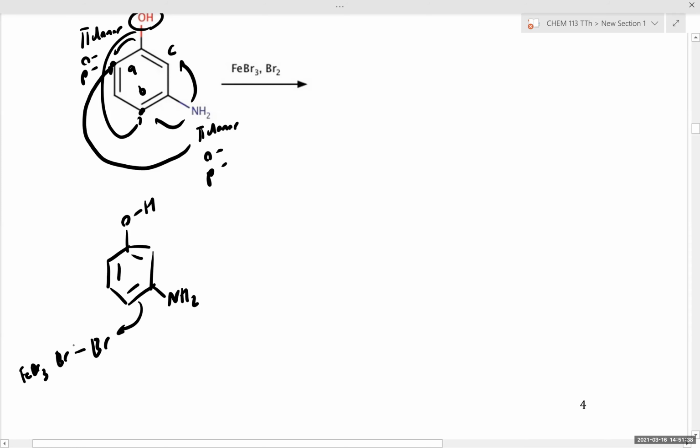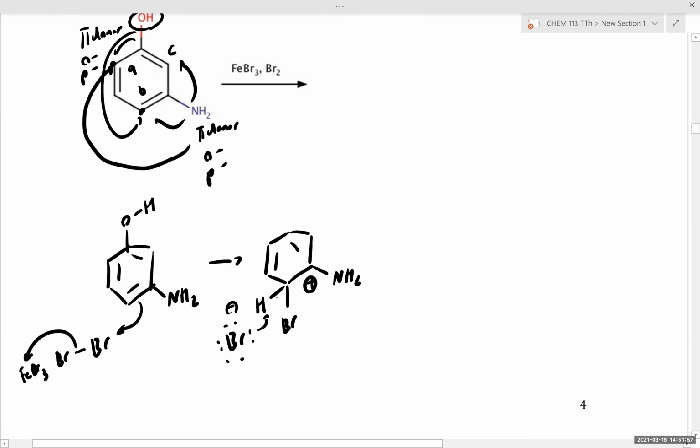In this case, we attack our electrophilic bromine atom. We see substitution ortho relative to the amine. That also generates a carbocation. And then from there, an equivalent of bromide comes in and removes our proton.